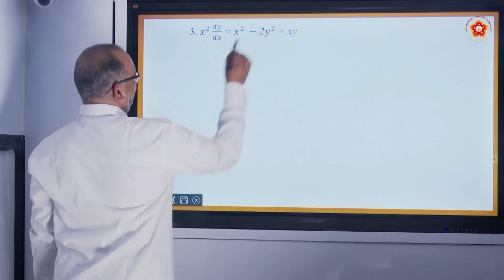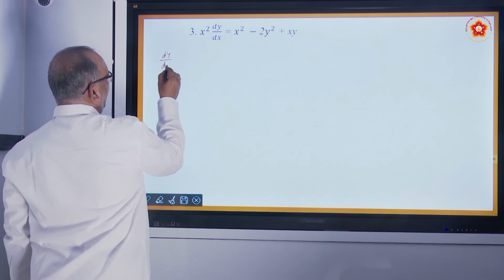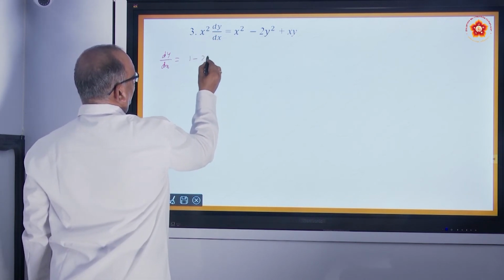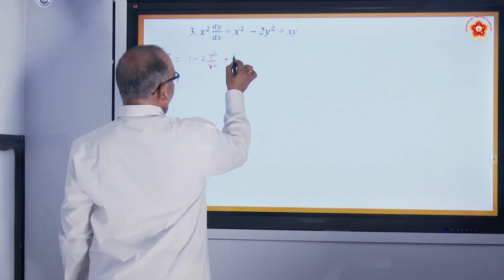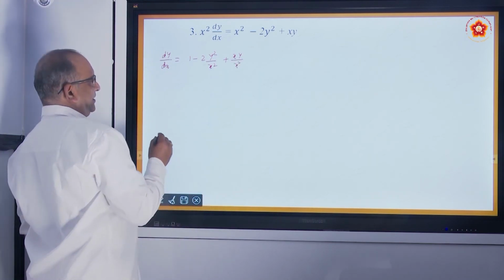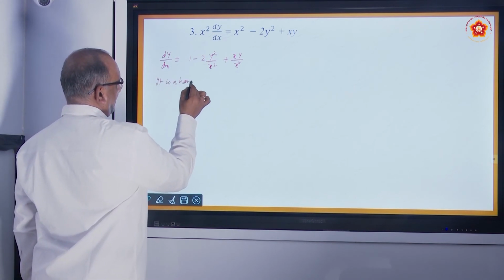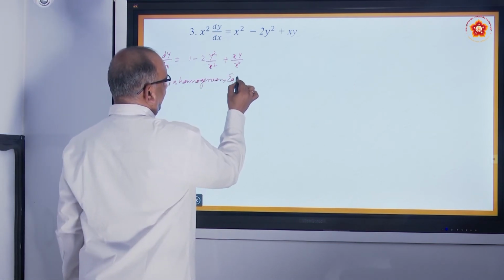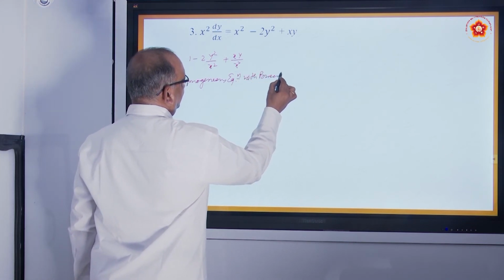So divide both sides with x square, you will get dy by dx equal to, divide the whole thing with x square, you will get 1 minus 2 into y square by x square, it is plus xy by x square. It is a homogeneous equation with power 2.